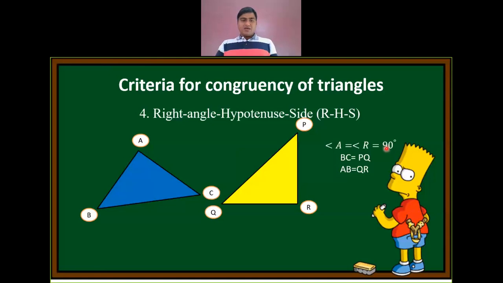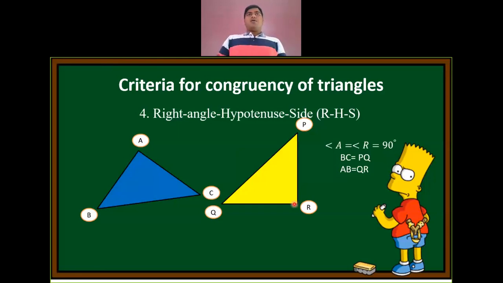So here angle A equals angle R equals 90 degrees. Both are right angles. Hypotenuse BC equals hypotenuse PQ. And one side AB equals QR. This criterion is applicable to right angle triangles.